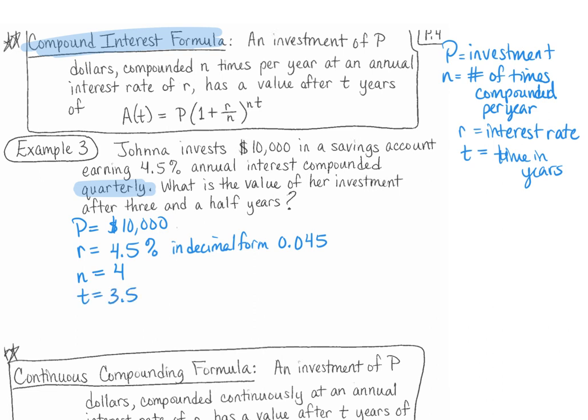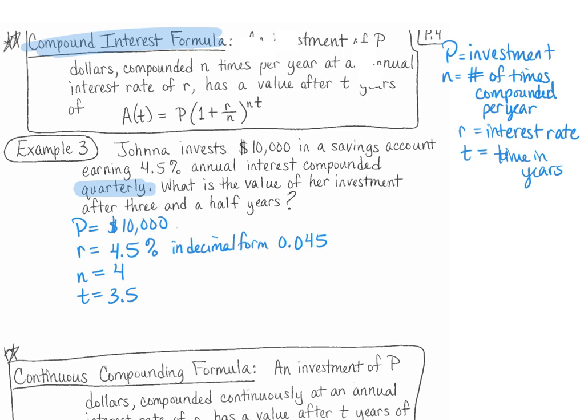Good. Now, let's go back up because I need to tell you what the formula says. We talked about variables, so let's actually say what the compound interest formula is. It says an investment of P dollars compounded N times per year at an annual interest rate of R has a value after T years of A of T equals P times the quantity, 1 plus R over N, all of this in parentheses raised to the N times T. Are we all right?